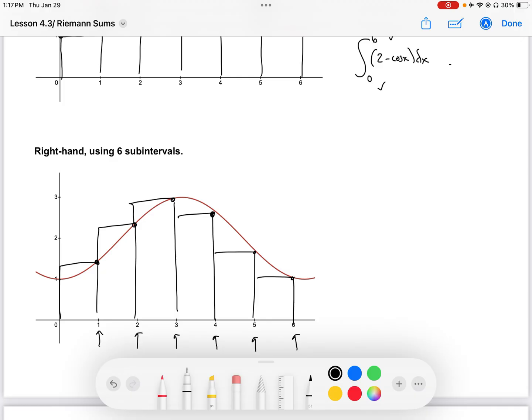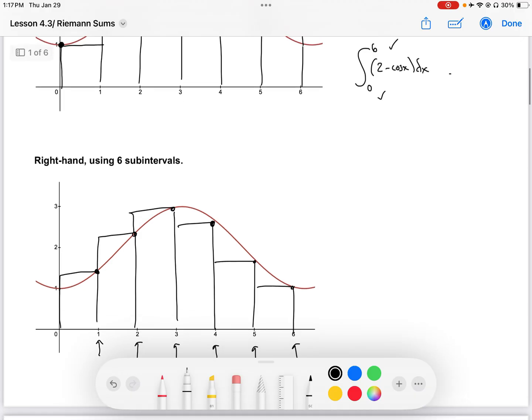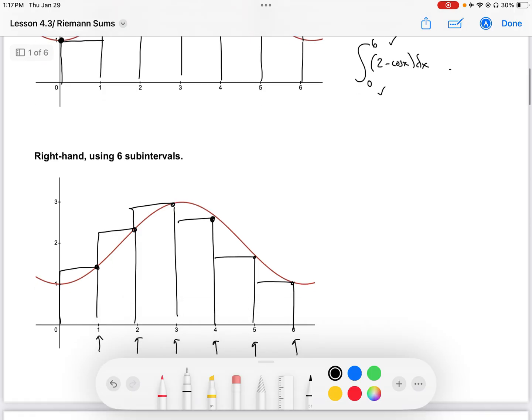So again, you can see that sometimes it over approximates, sometimes under, depending on whether the function is increasing or decreasing. So again, all of our rectangles have the same width of 1 in this case, and we'd be multiplying by f of 1 plus f of 2 plus f of 3 plus f of 4 plus f of 5 plus f of 6, right?